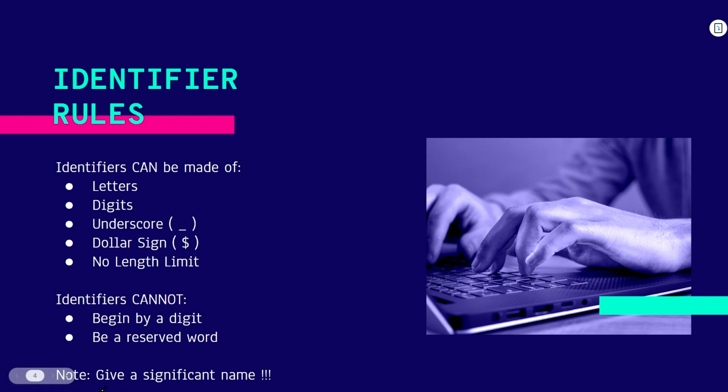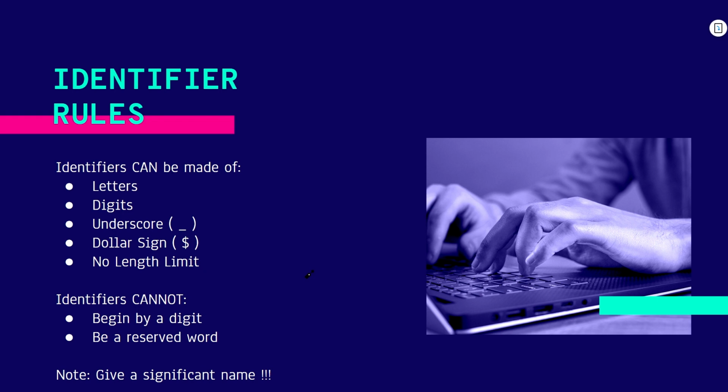It is also important to note that an identifier should be given a significant name. So what's the goal of an identifier? It's to describe a variable, method, or class, to describe what it is about.